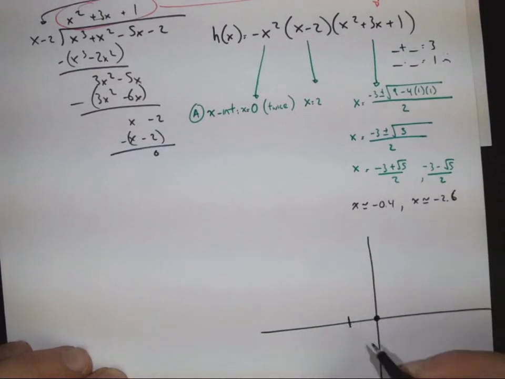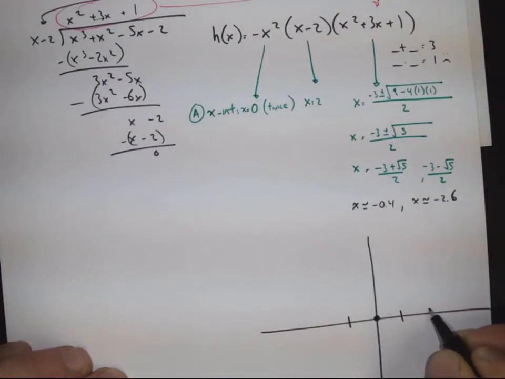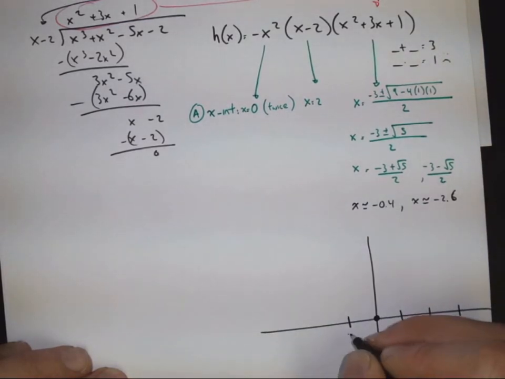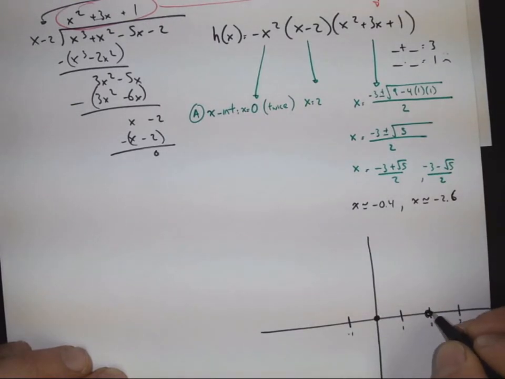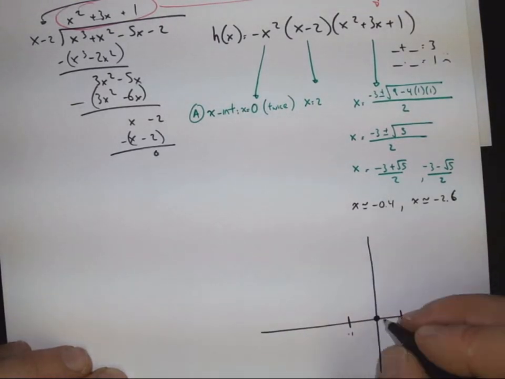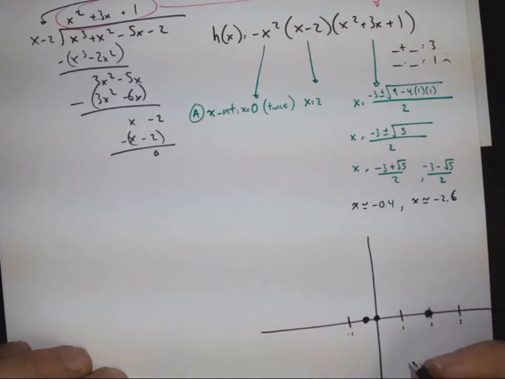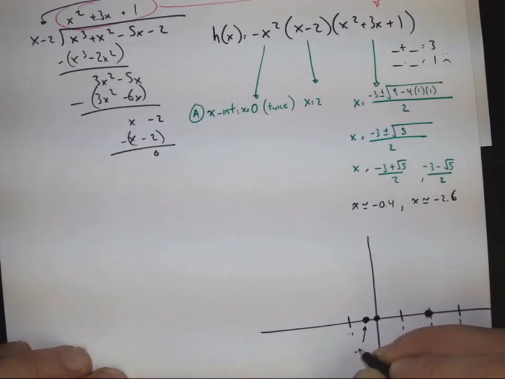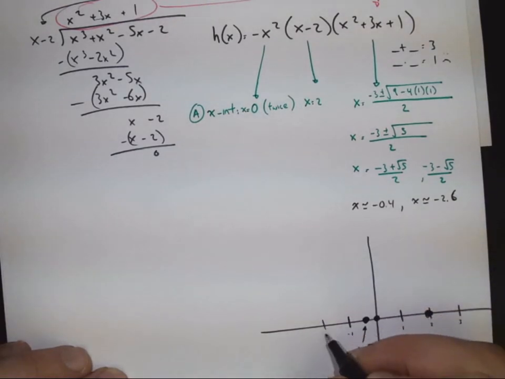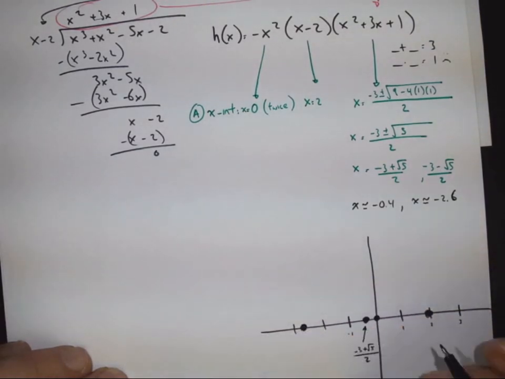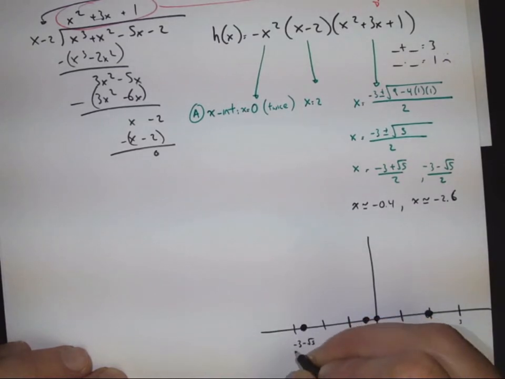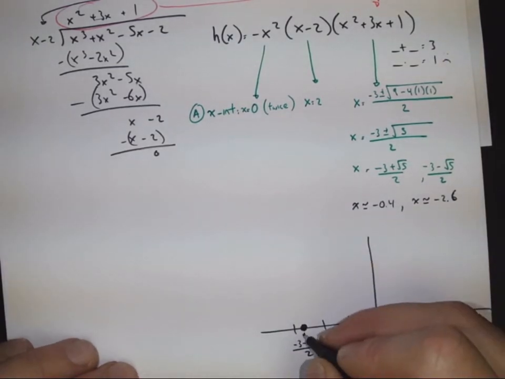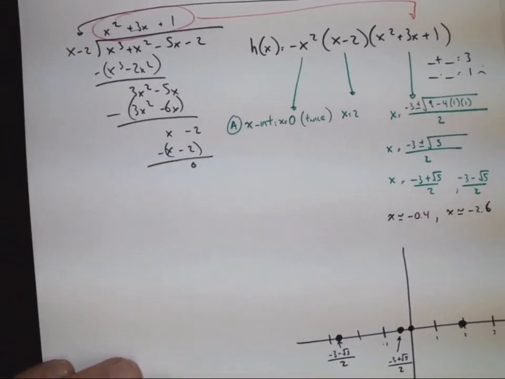I'm going to space out my distance for 1, 2, 3, because I want to give myself some space to write these in. So negative 0.4, that's right here. I'm going to call that negative 3 plus root 5 over 2. And I've got negative 2.6. So that's negative 3 minus root 5 all over 2. Okay. So those are my x-intercepts.